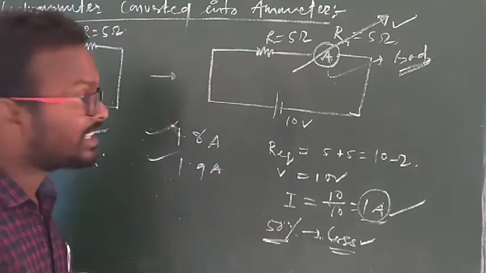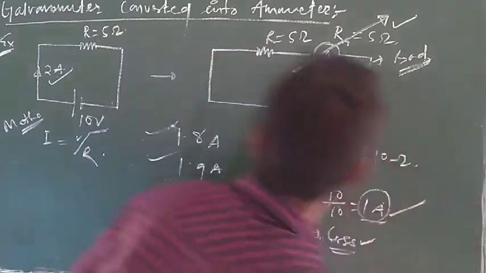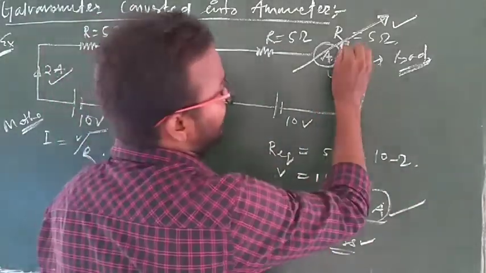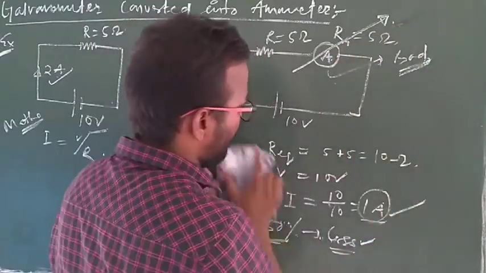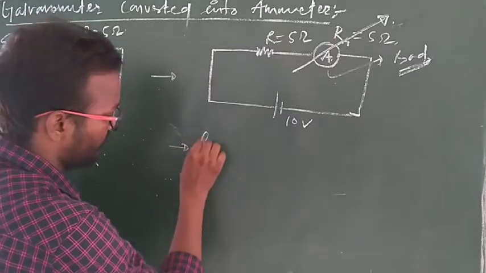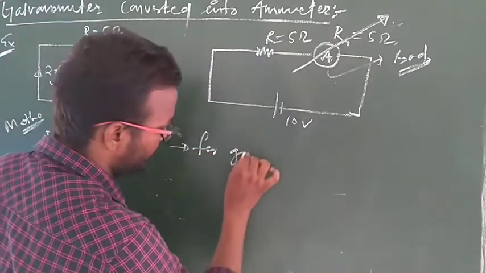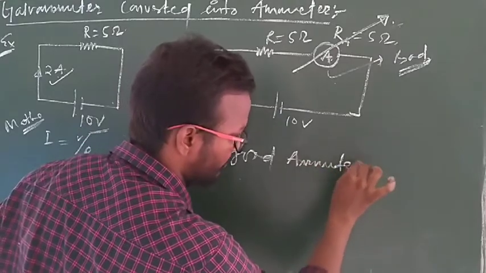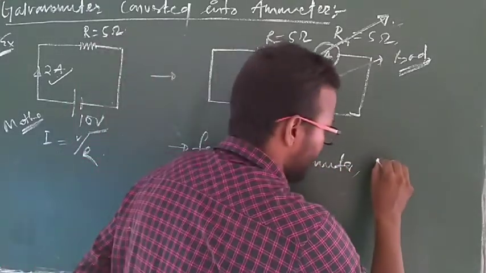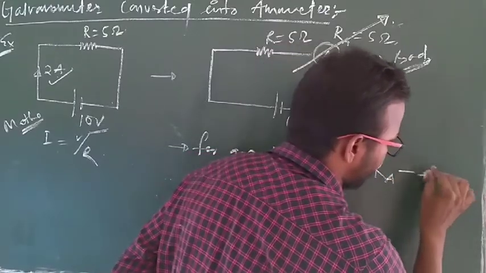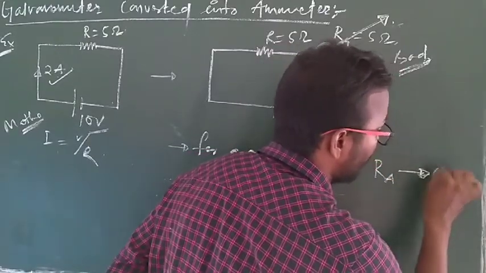What is the condition for a good ammeter? The resistance of the ammeter tends to 0, not equal to 0.